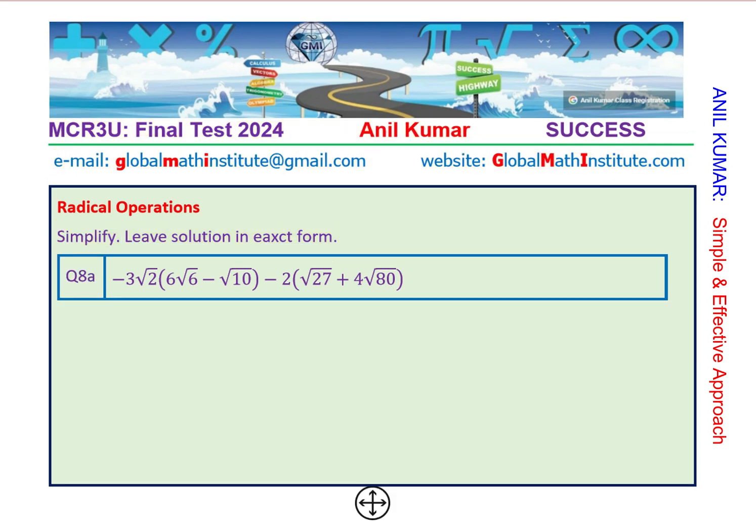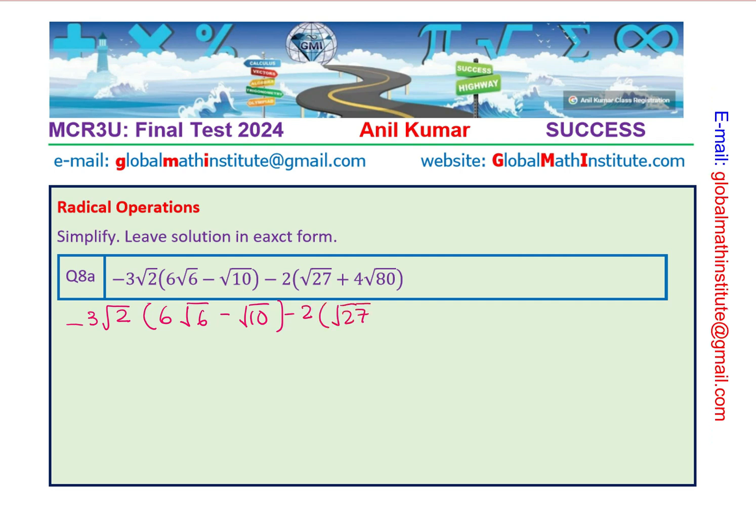So in part A, we are going to expand and simplify. Let me rewrite this expression: minus 3 square root 2 within bracket 6 square root 6 minus square root 10, minus 2 within bracket square root 27 plus 4 square root 80.